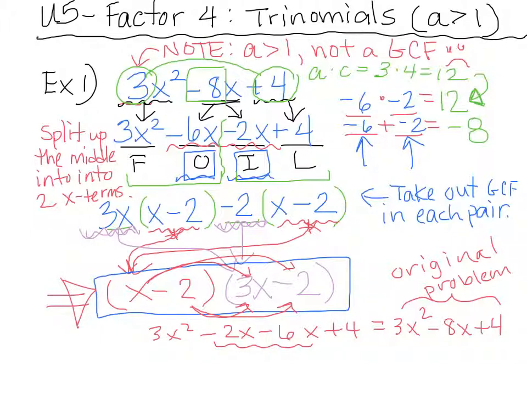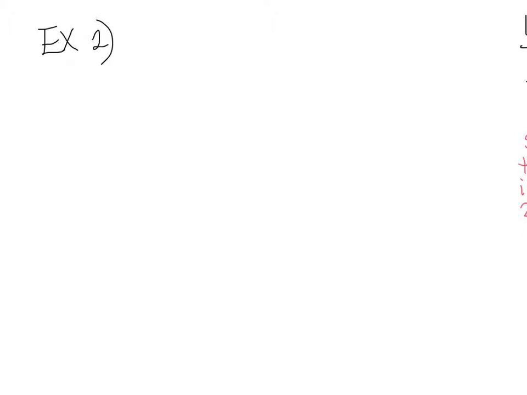So this seems to have a lot of steps, but let's clean it up and try it again in example 2. Let's start with 2x squared plus 11x plus 5. I'll go through each of those steps again, but a little quicker.